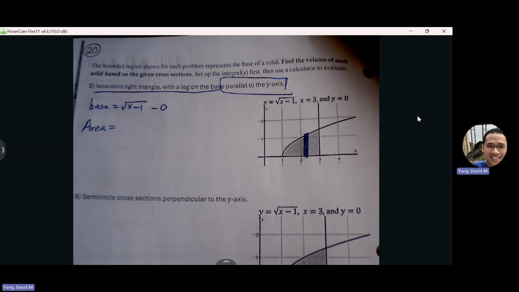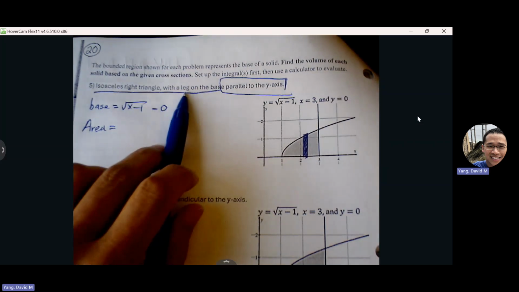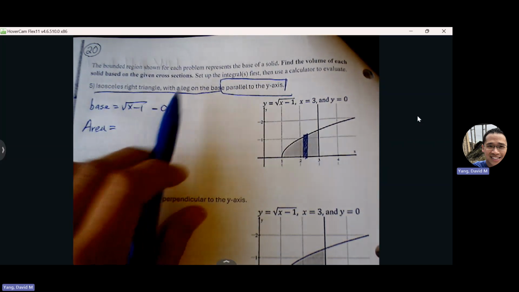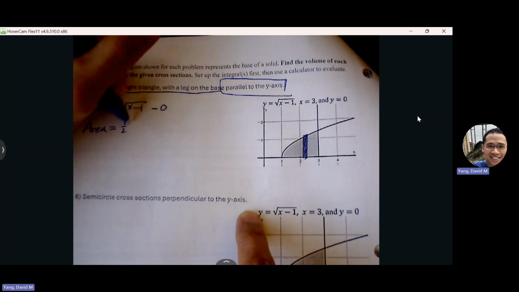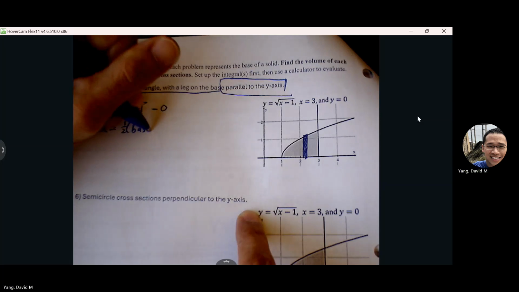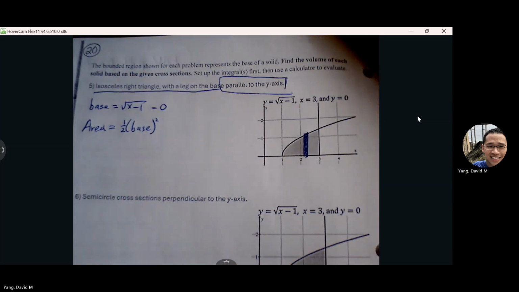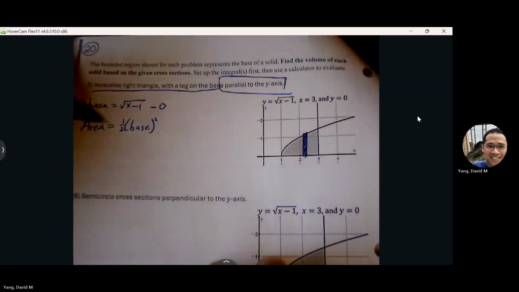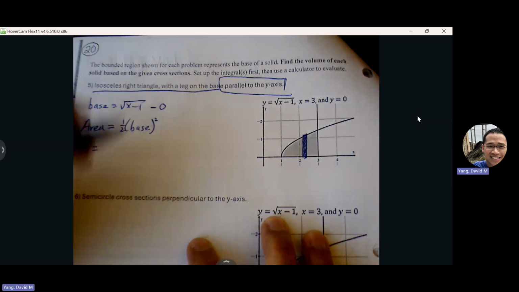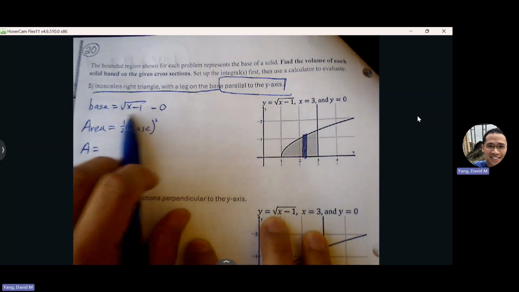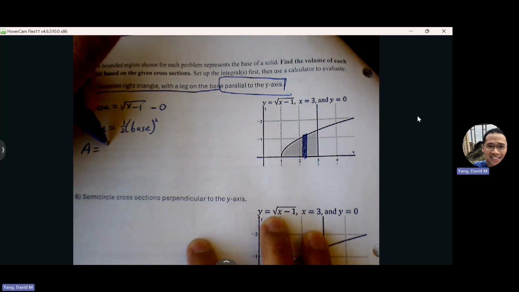I just have to worry about the coefficient in front. With leg on the base, an isosceles right triangle is 1/2 base squared. So update the formula with the specific base length.